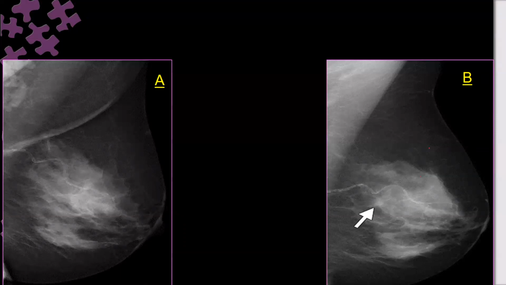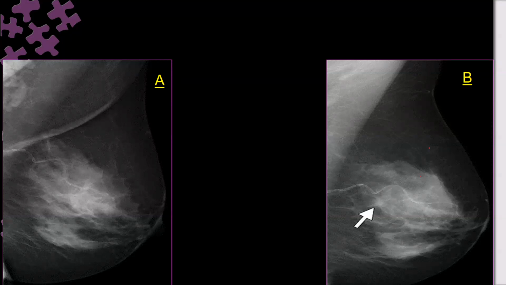Sarah, B is first. Why is B first? The lymph nodes region in the axilla. There is a reason; you have to defend yourself when you say something.